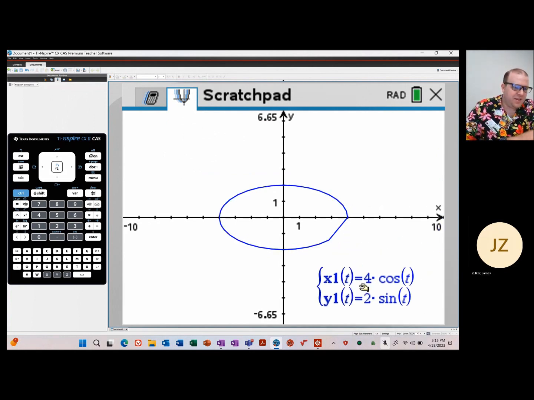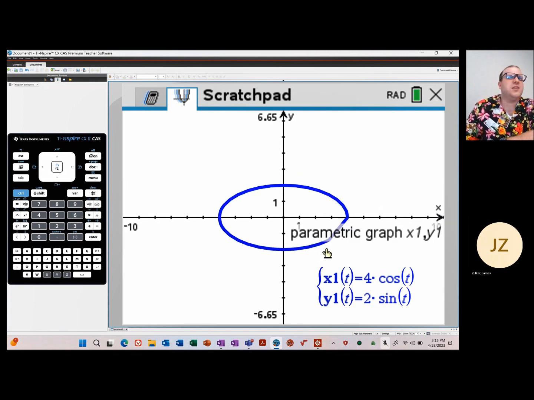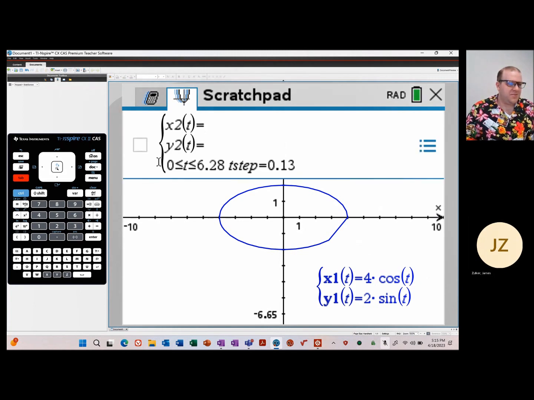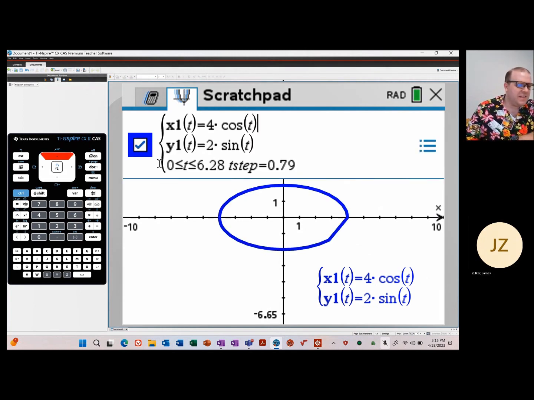What the hell's going on there? Oh dear, that's not right. What is t-step supposed to be?